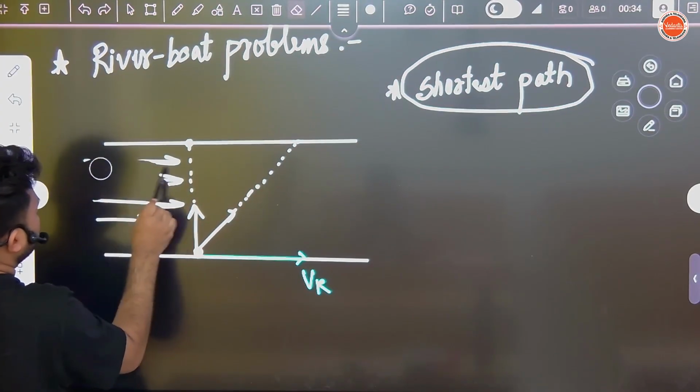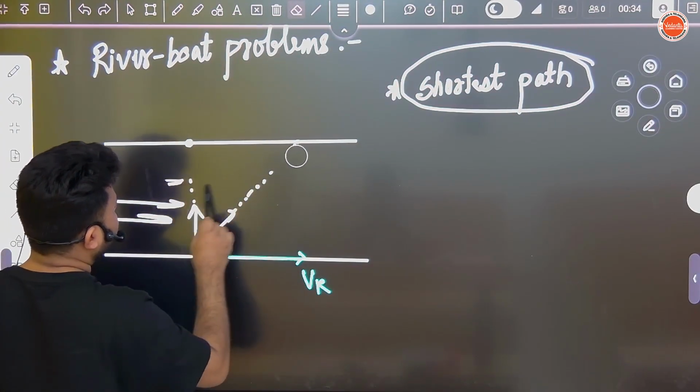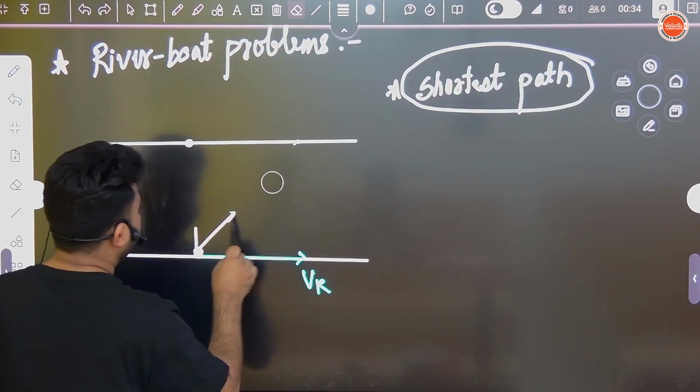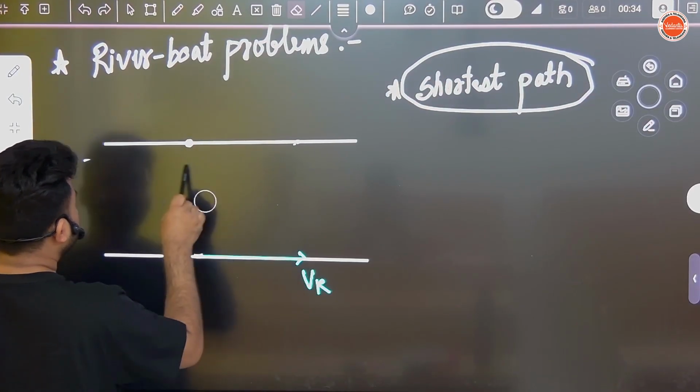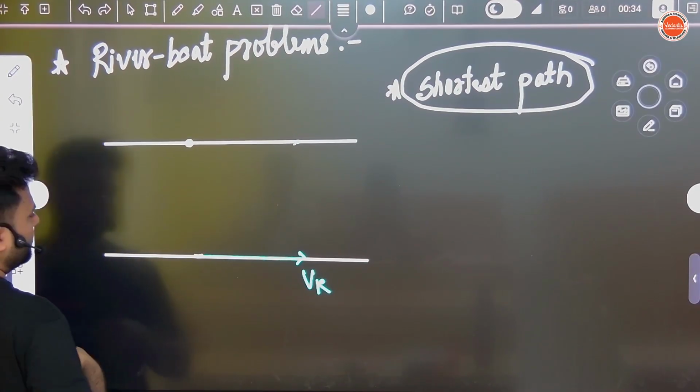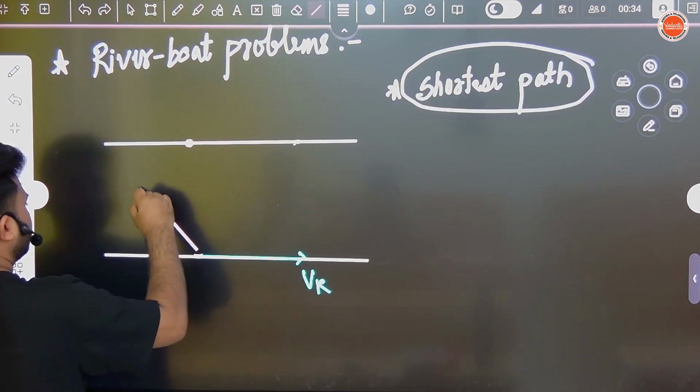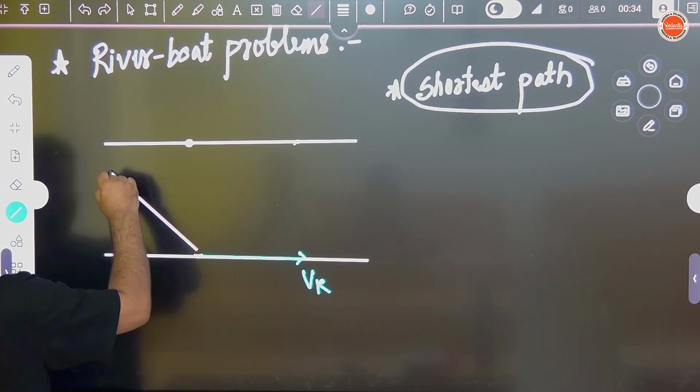I am not doing the proof and all, but in order to reach by the shortest path, the man has to move in this direction.